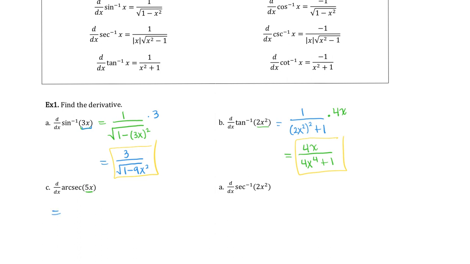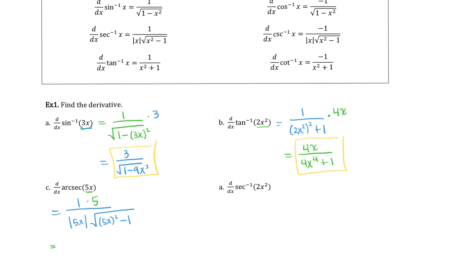So this is going to be 1 over the absolute value of whatever's in the parentheses times the square root of the quantity squared minus 1. Chain rule. Since I am doing the arc secant of 5x, I'm going to times it by 5. And I'm just putting it at the top so it is easier.